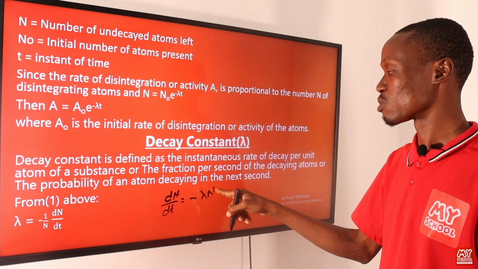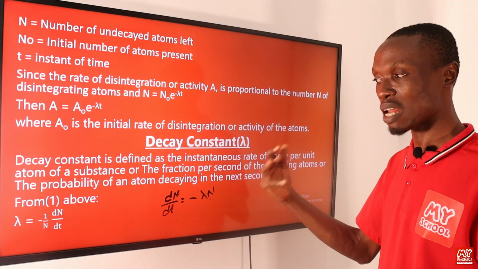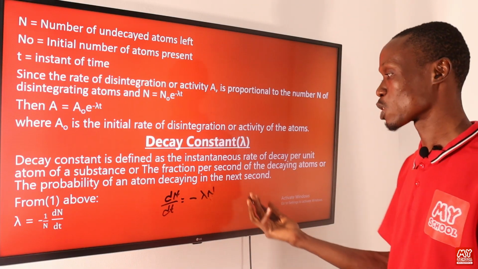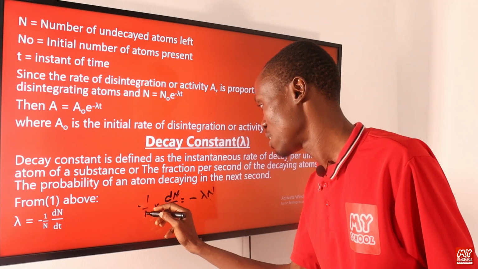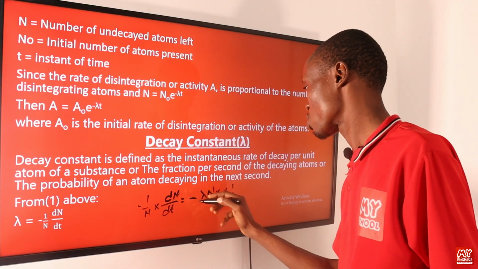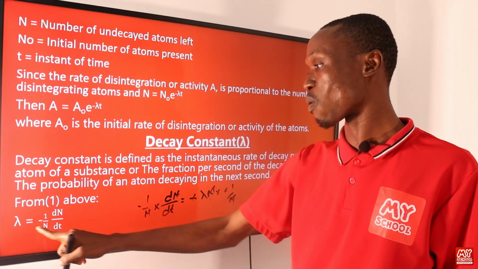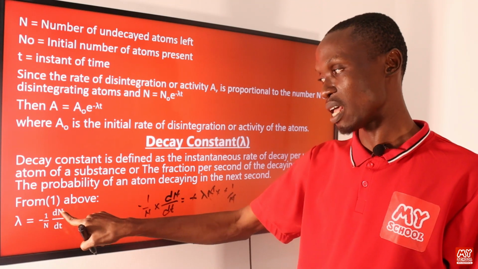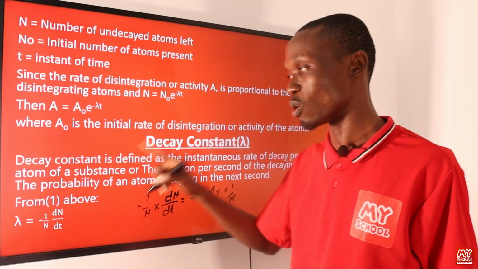To do that, we divide both sides by minus N, which is the same as multiplying both sides by minus 1 over N. On this side we also have minus 1 over N, so minus cancels minus, N cancels N. At the end of the day, we have our decay constant equal to minus 1 over N dN over dt. That's how we obtain this equation from equation 1 above.